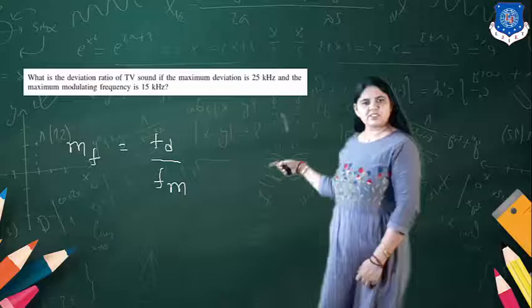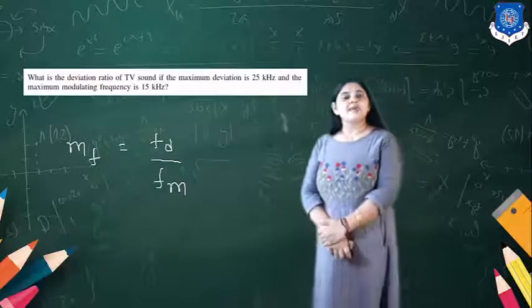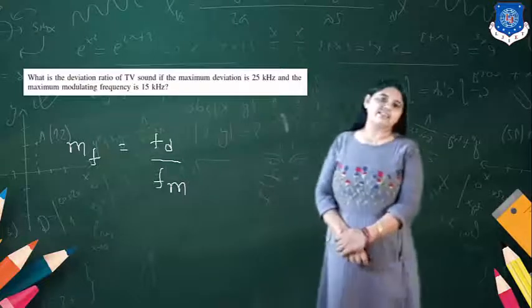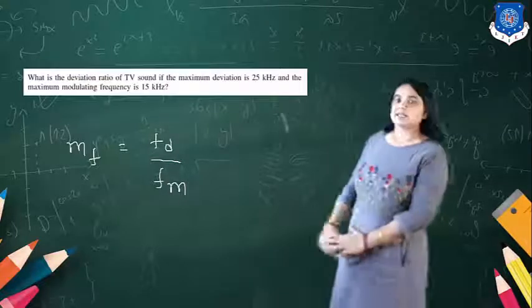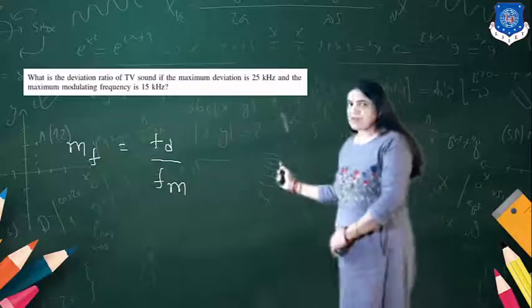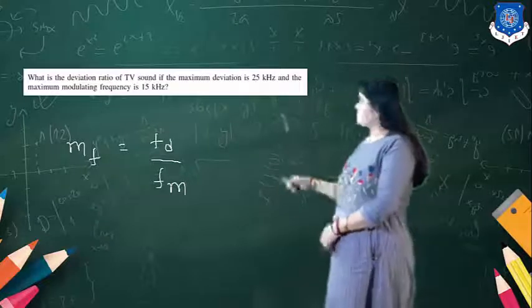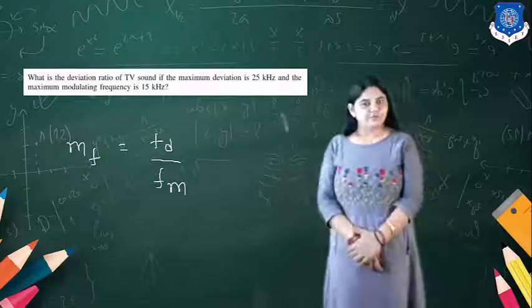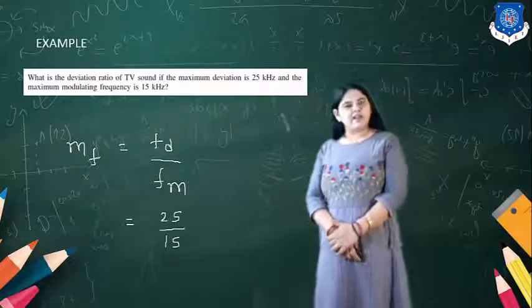So now we'll use the formula for MF, the modulation index in frequency modulation. It is FD upon FM, where FD is the frequency deviation and FM is the maximum modulating frequency. Here we have the data, so we can put in the values.